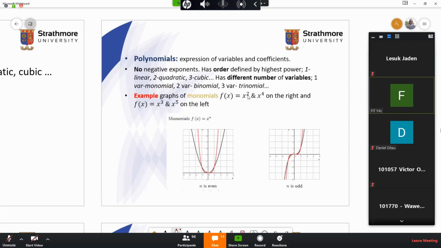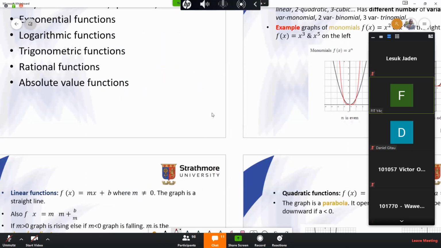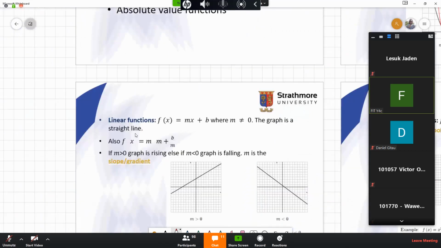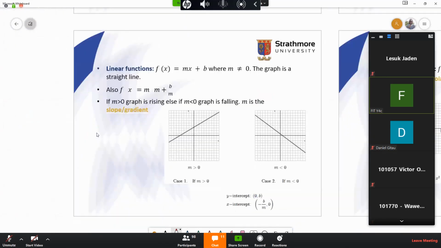Then we have linear functions, which are actually now polynomials, and you see how they behave. The most important thing I can point out here is the gradient or the slope of the function, which tells us how the line is kind of flowing within the space.